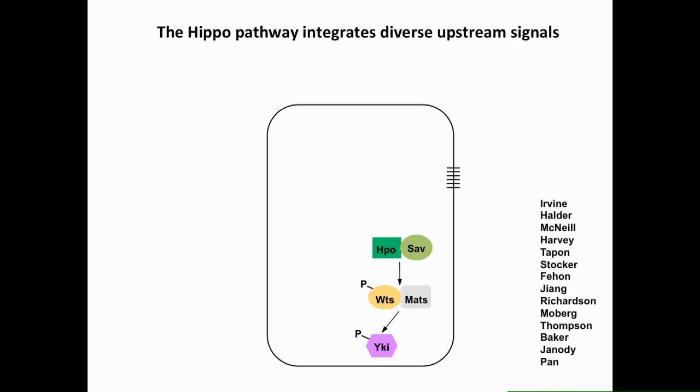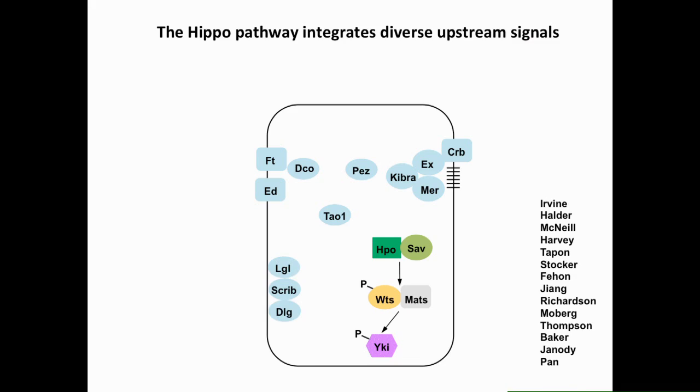These include genes involved in cell adhesion, intracellular kinases and phosphatases, proteins involved in cell-cell interaction, and even proteins involved in apical basal polarity, which initially was thought to belong to the neoplastic class of tumor suppressors. So even all these tumor suppressors have now been somehow linked to this biochemical module that I just spoke about, from Hippo all the way to Yorkie.